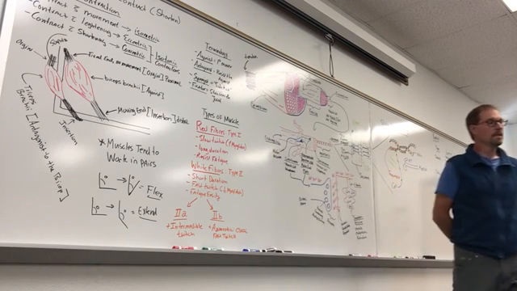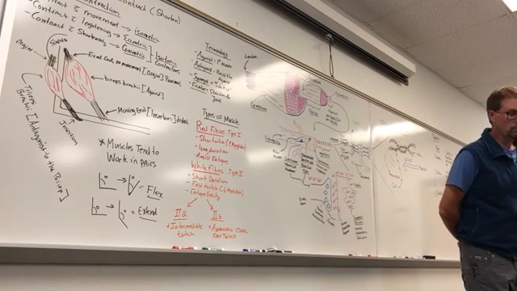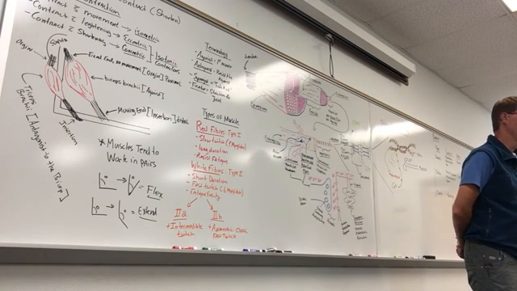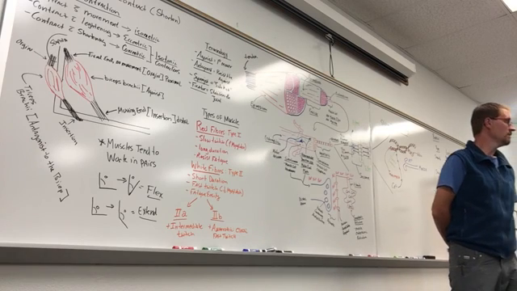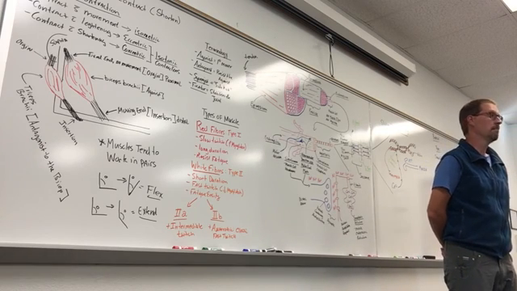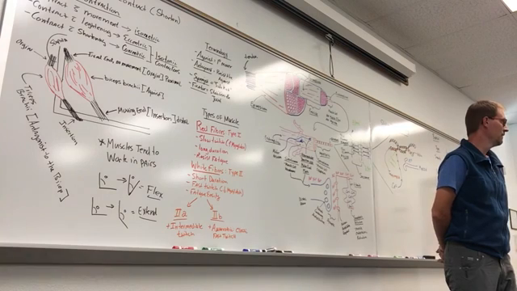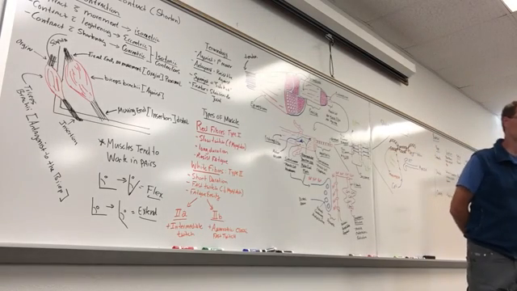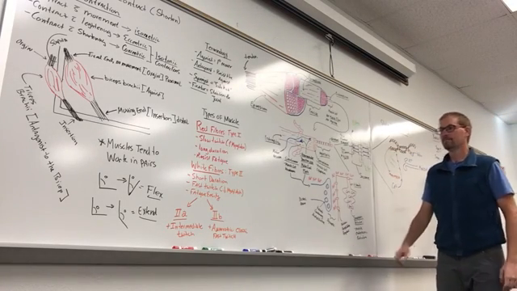Sarcolemma is a special term that means cell membrane. So sarcolemma just means the cell membrane of a muscle cell. You guys all right with that? Sarcolemma equals cell membrane. It's just a cell membrane for muscle. Does that make sense?